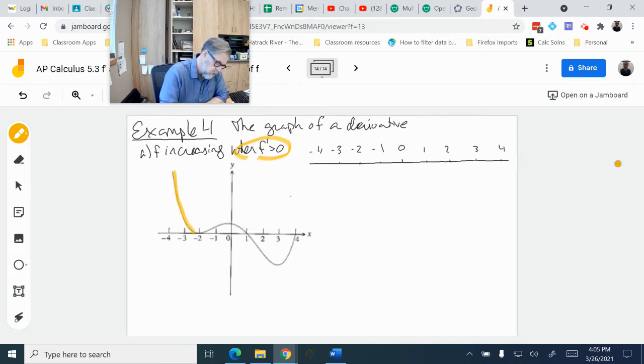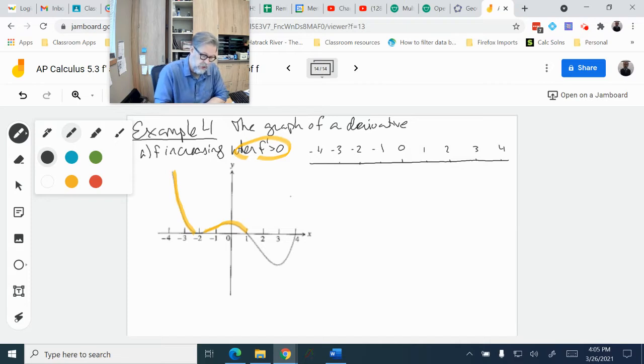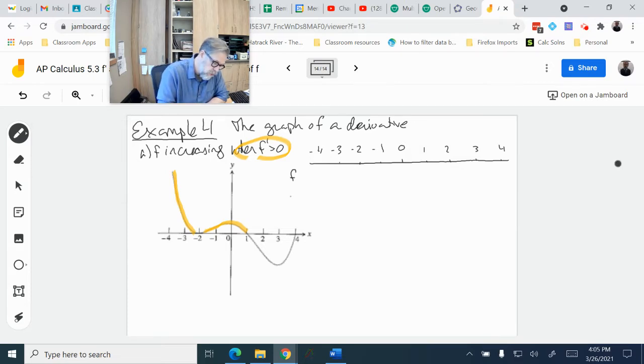Here, our function is increasing. So I can immediately jump over to my chart, which of course we're making every time because why not, and say that in the interval -4 to -2, I have a positive derivative.